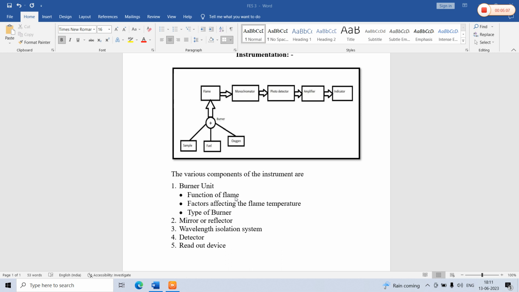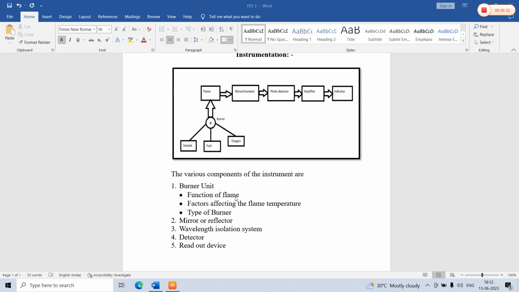The flame should decompose the residue. And the last is that the flame should have the ability to cause the excitation of radiant energy through the prepared neutral atoms. So these are the three functions of the flame.